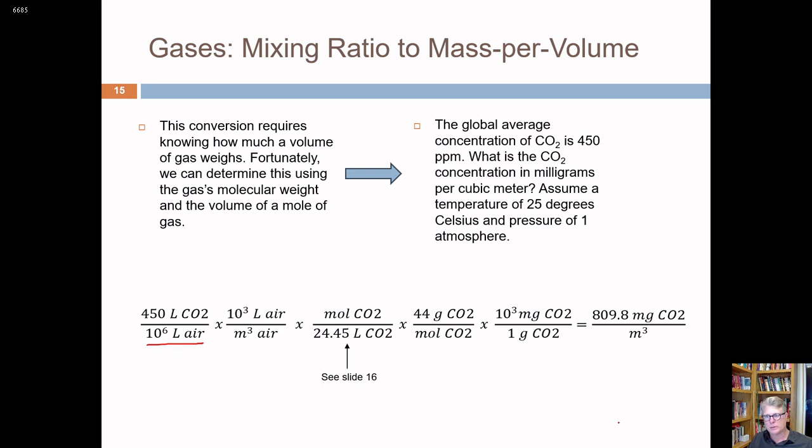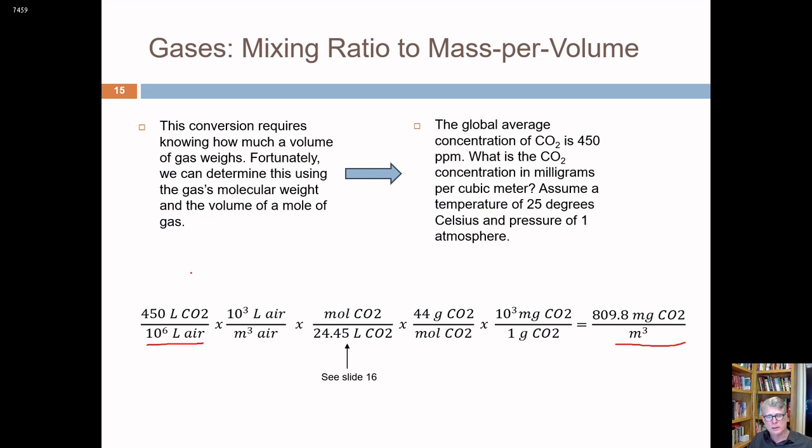That's where we're starting. Now where are we trying to go? We're trying to go to milligrams of carbon dioxide per cubic meter of air. Whoa. All right, so somehow we have to get this volume of a gas to the weight of the gas. All right, let's start and see where it takes us.